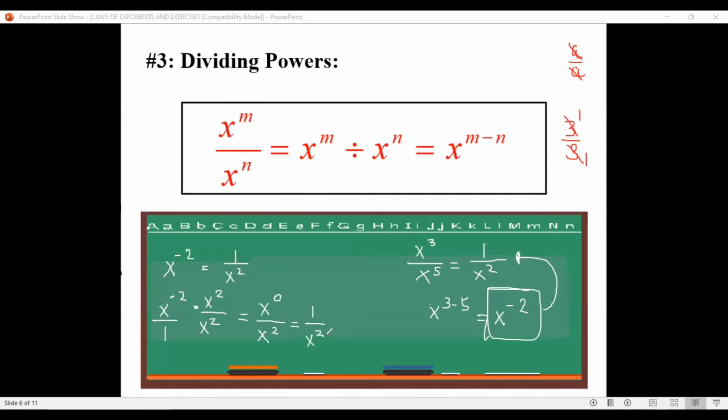Now again, your question might be, why is any number, or an x raised to 0, equivalent to 1? That's also a good question. Bakit, why are we having x raised to 0 is equivalent to 1?